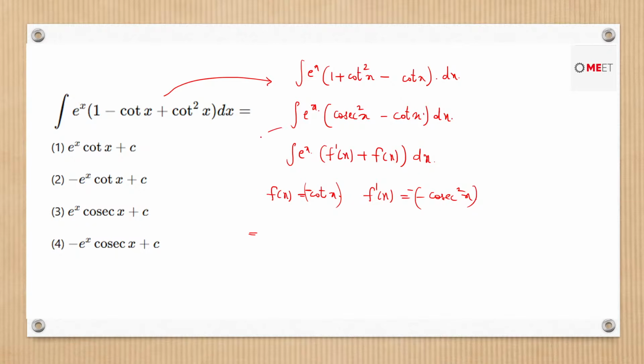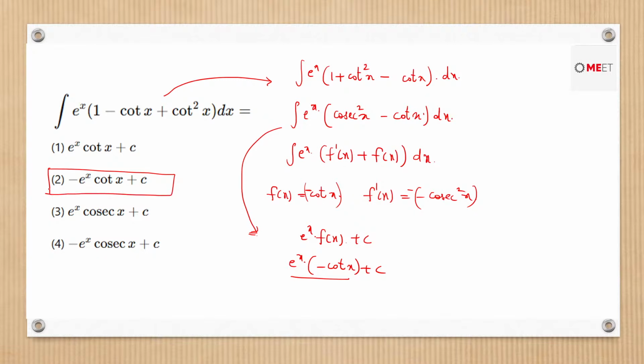So this is in the format of e power x into f dash x plus f of x. Upon integration, we get the answer straightforward as e power x into f of x plus c. So f of x is minus cot x, that is e power x into minus cot x plus c. That is option 2 is the answer.